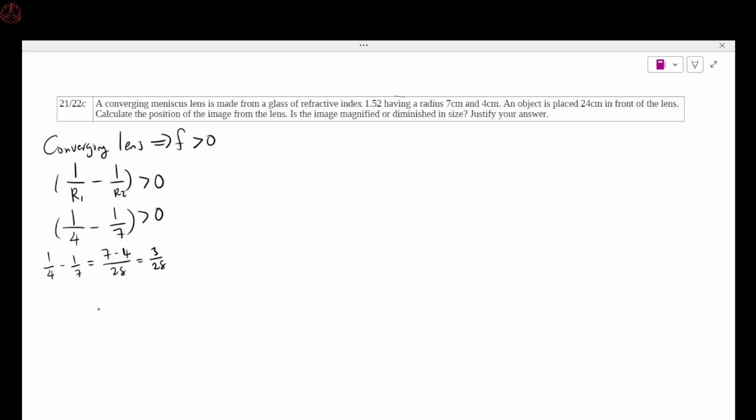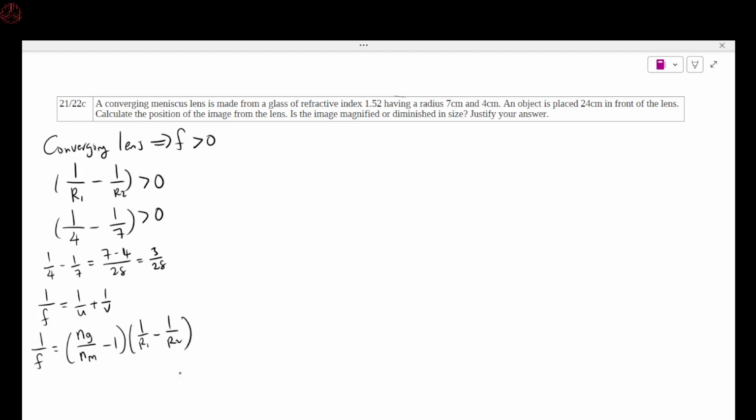Okay, I have two equations. I have 1 over f equals 1 over u plus 1 over v, and then the second equation relates the radii and focal length. I will have 1 over f equals the refractive index of the glass or the lens over the refractive index of the medium, minus 1, and then 1 over r1 minus 1 over r2.